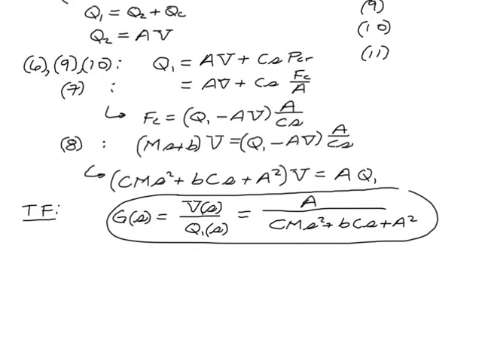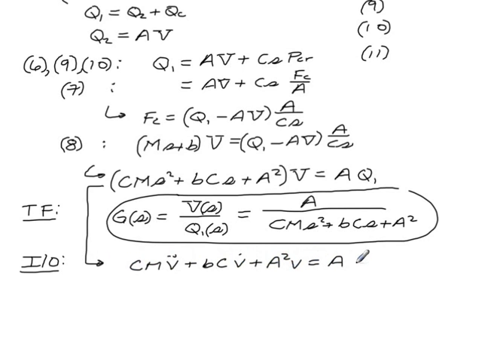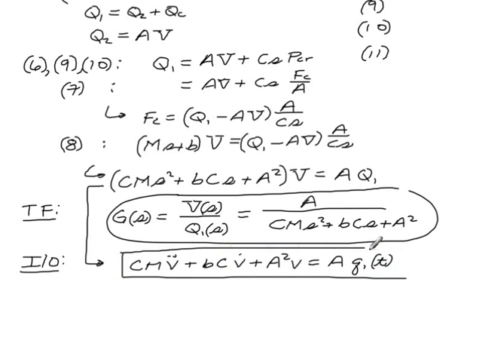If we want the input-output differential equation, I recognize that the S squared represents two differentiations with respect to time, so CM V double dot plus BC V dot plus A squared V. On the right hand side is A times our input, the flow rate Q1 of T. So this is our input-output differential equation.